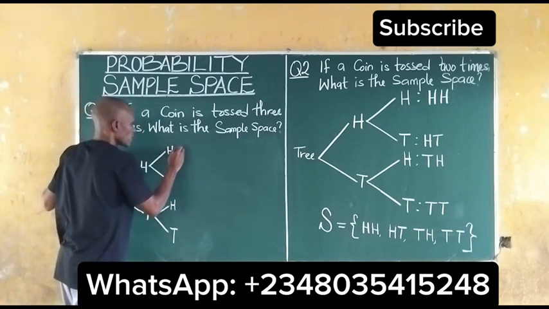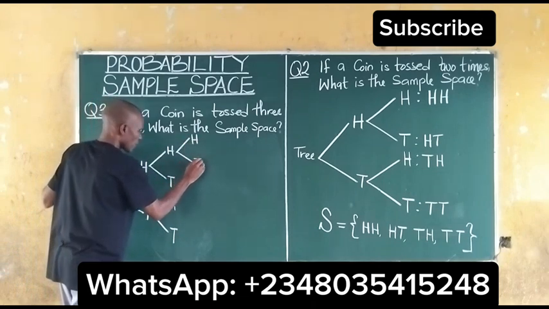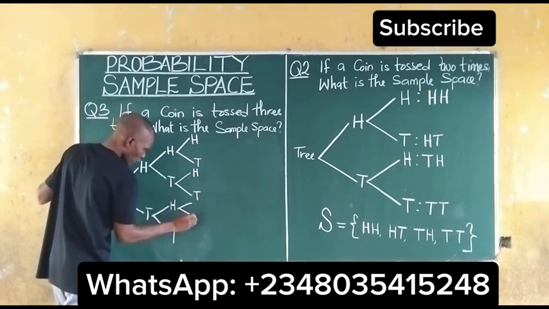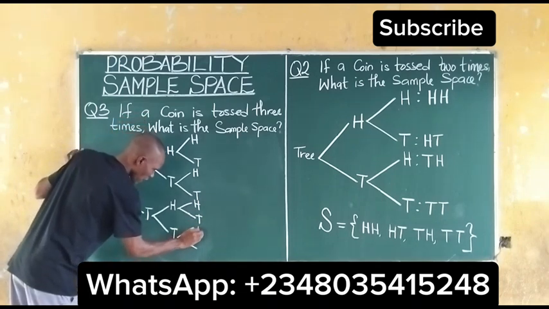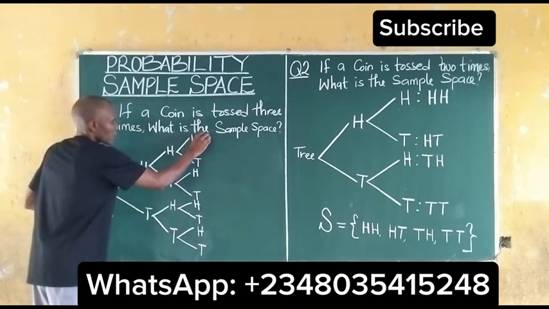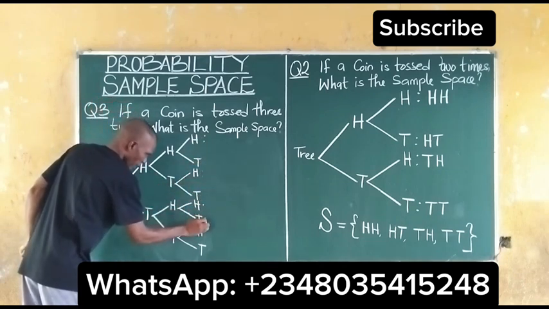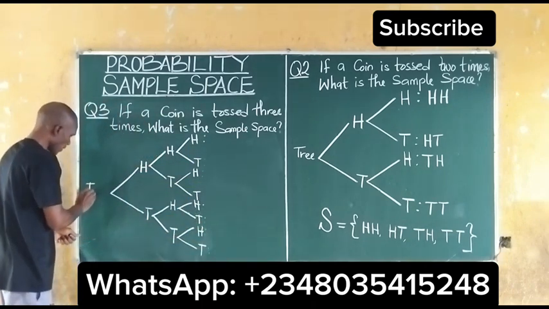We have the third tree to be head, tail as well, and likewise for each of the remaining branches. So this is how we can draw it. This is our tree.